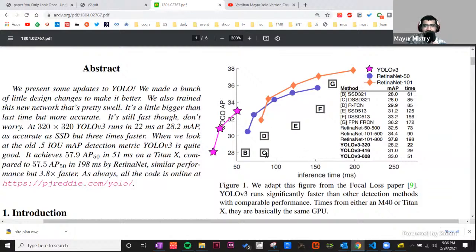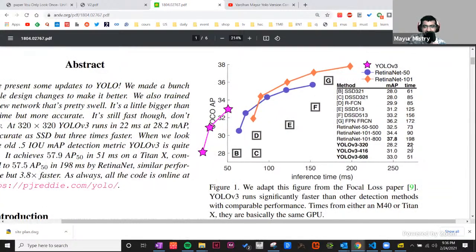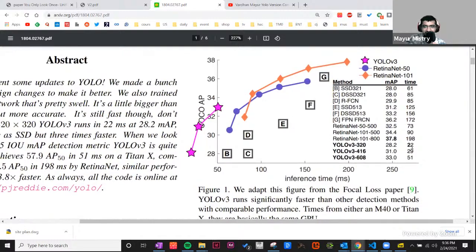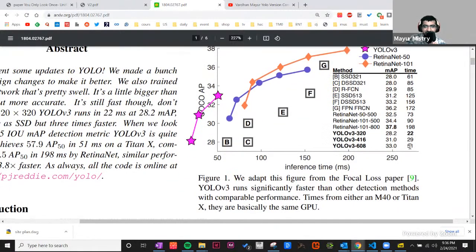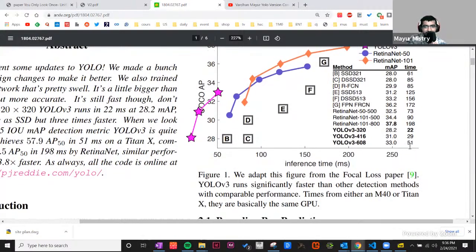That's just one divided by the inference time. This is in milliseconds, so it's 0.02 per frame. So it's able to predict 50 images per second if you divide one by 0.02.